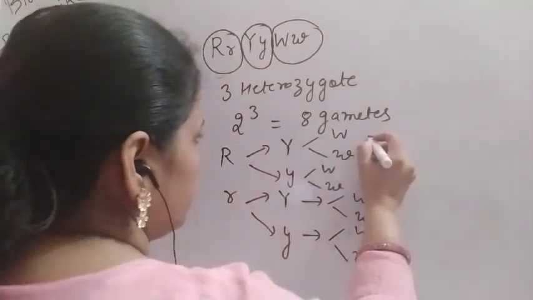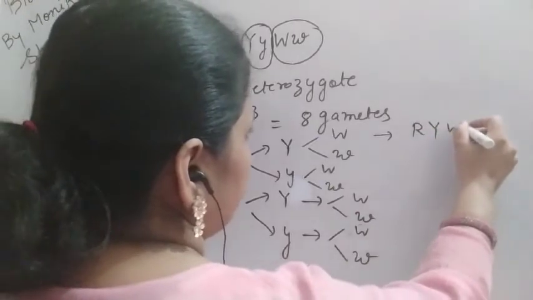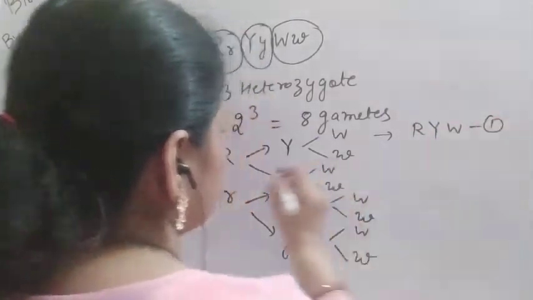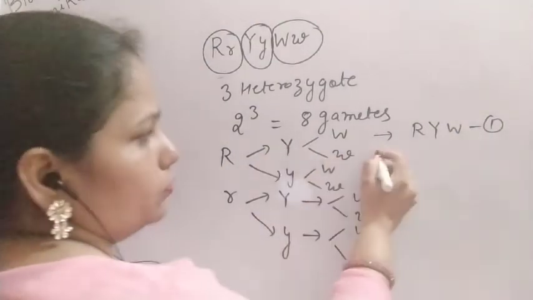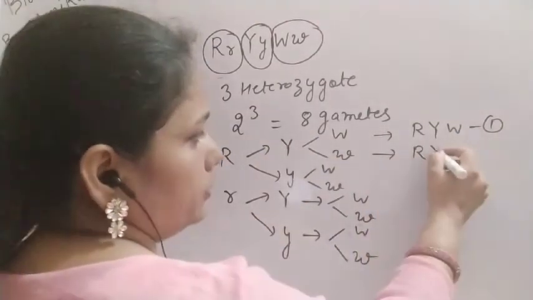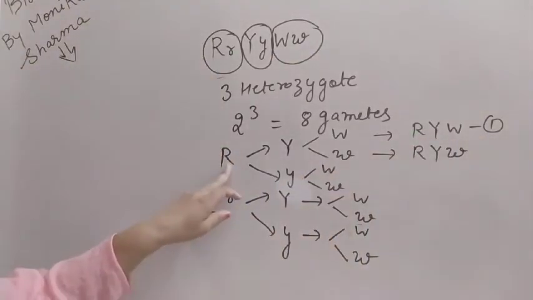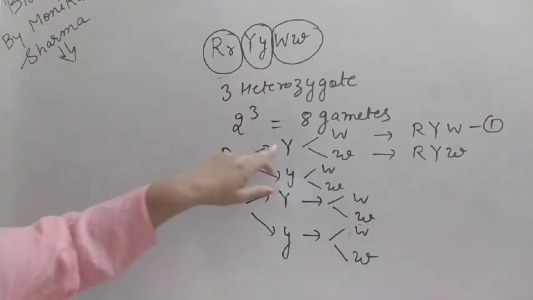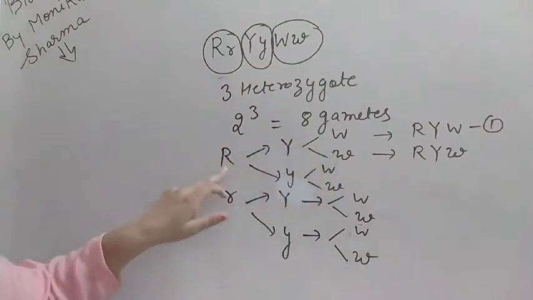What is the first gamete? That is capital R, capital Y, capital W. That is the first. Then capital R, capital Y, small w. What do we have to take? We have to combine like this: first, first, first, then second.